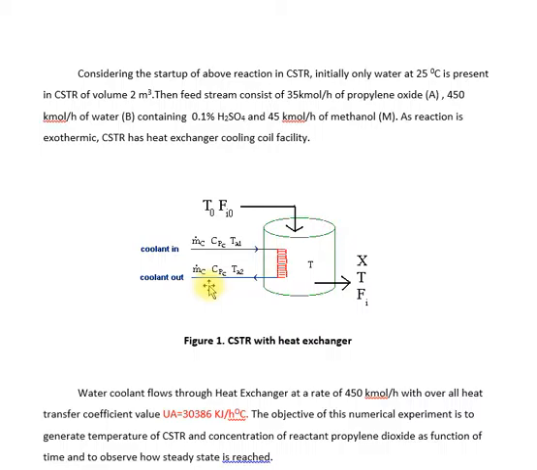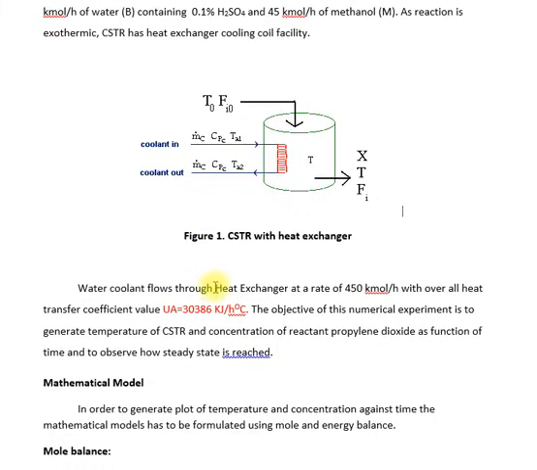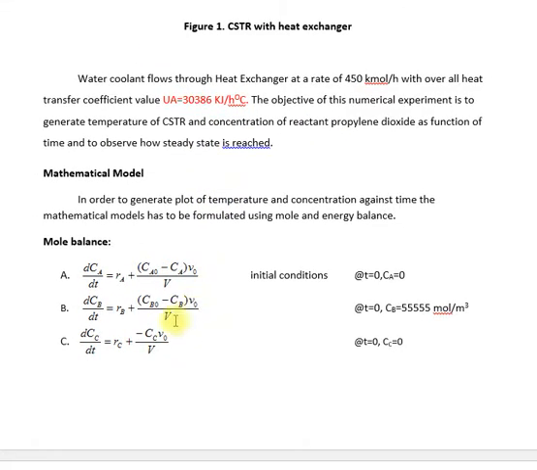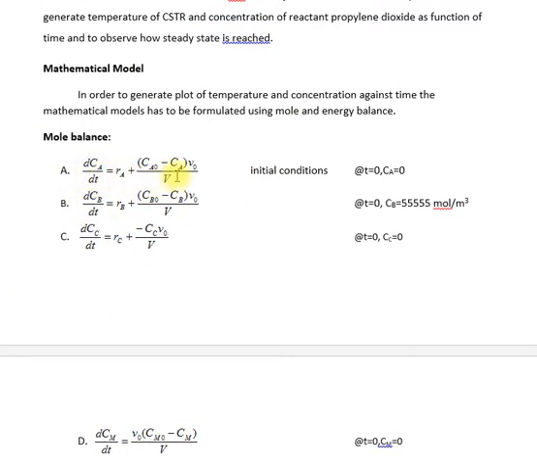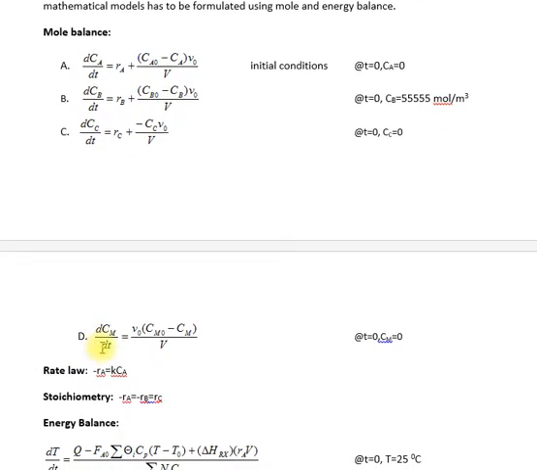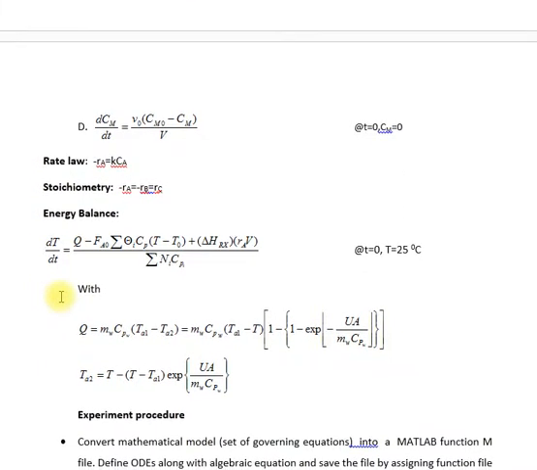For the reactant, propylene oxide, how will it change with time, or how will it achieve steady state? For that we need to simulate the mathematical model, which comes from the unsteady state mole balance on A, B and C. There is an inert, M. Then the rate laws, and with the energy balance we relate temperature with time.